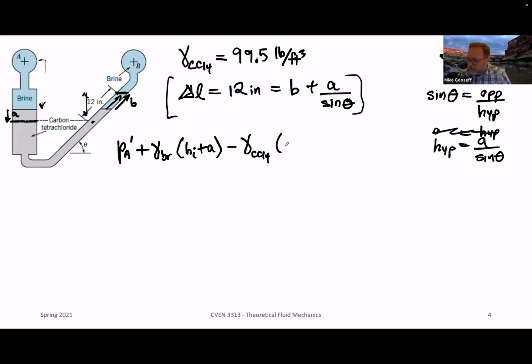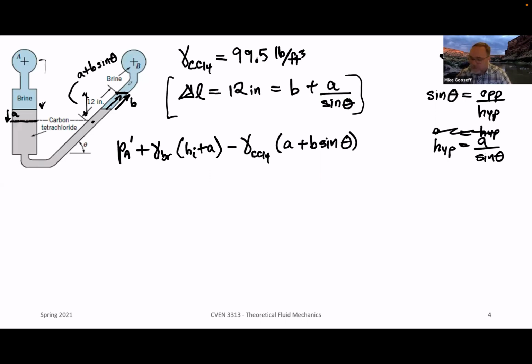And that height is equal to A plus B times the sine of theta, okay? This is just giving us the vertical elevation here, A plus B sine theta, which is the vertical part of what that 12 inch change along the length of the manometer is, all right?